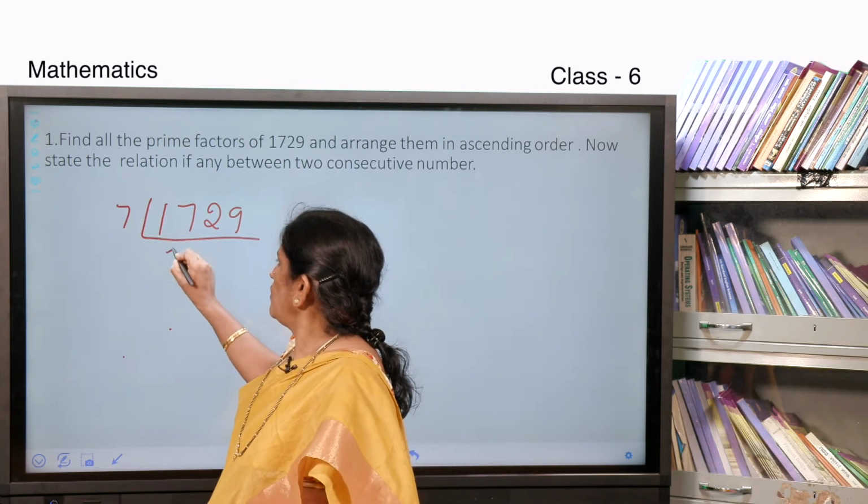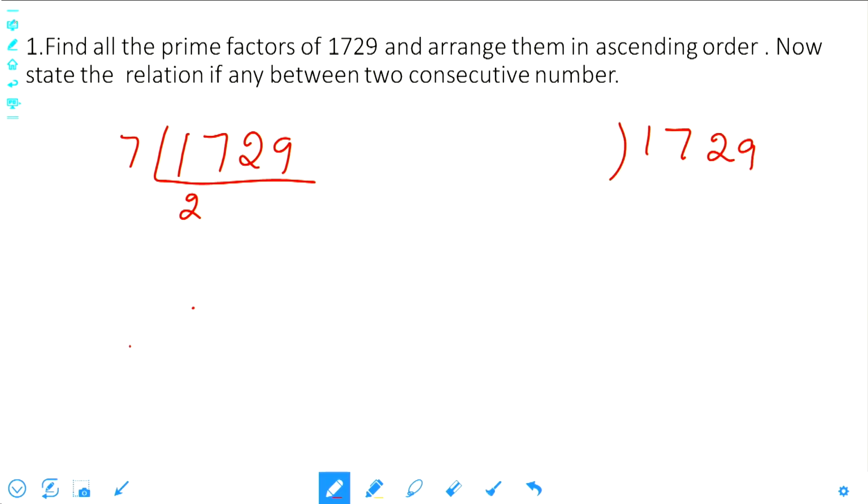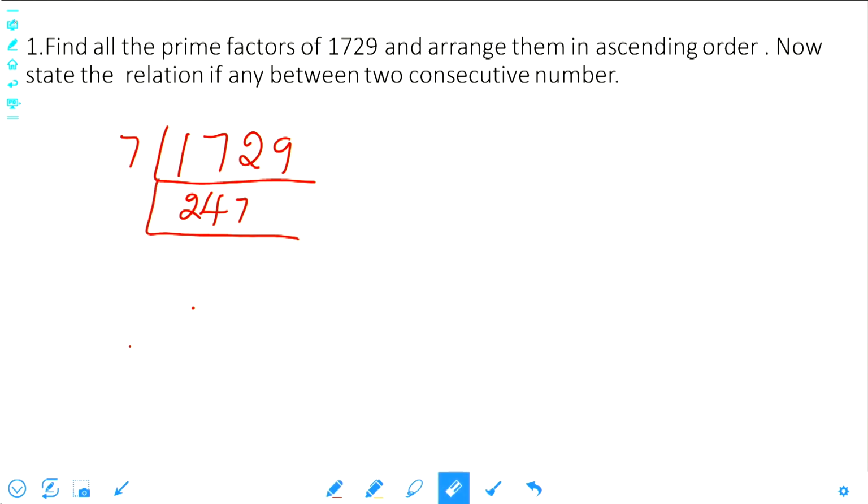7 2s are 14, divide here 7, 2, 9, 7 2s are 14, 7 minus 4, 3, take 2 down, 7 4s are 28, 32 minus 28, 4, take 9, 49, 7 7s are 49. Write this quotient 247 here. Children, 247 we can divide by 13.